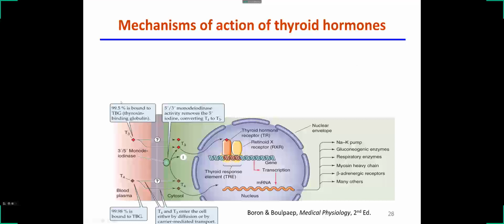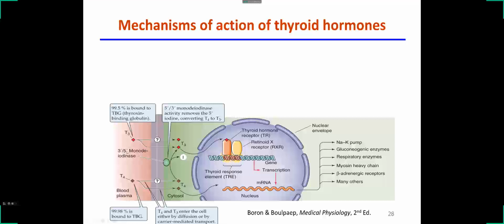So just a reminder, remember, we've got this thyroid hormone in the blood. It's T4 bound to our blood plasma protein, right? And then in the case of T4, this is converted to T3, right?